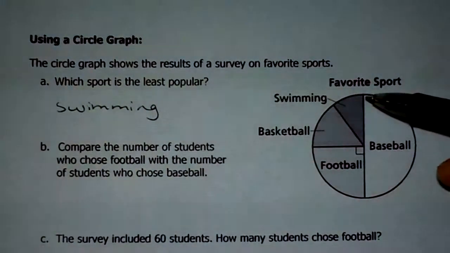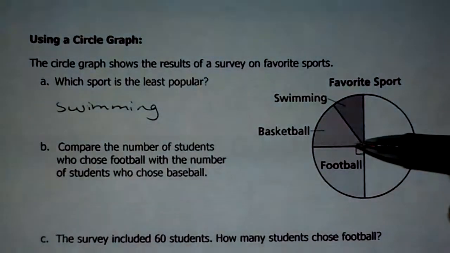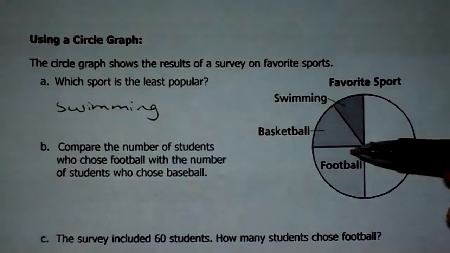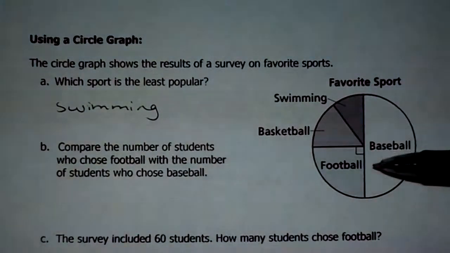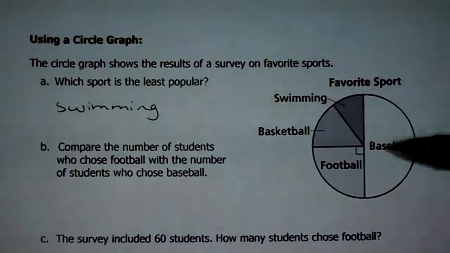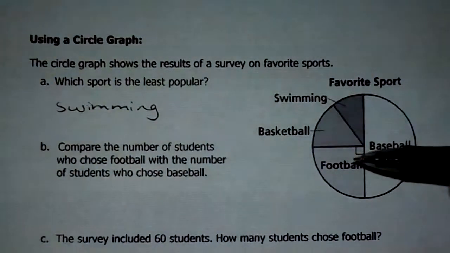So if half is 100 and football is 1/4, how many of the 200 would be football? If this is 100, wouldn't football be half of that? So it would be 50, right? So we don't need values here.